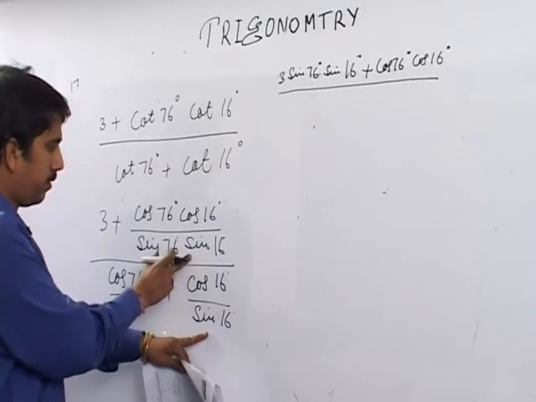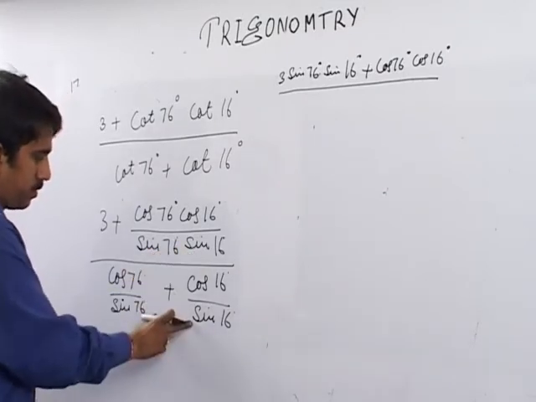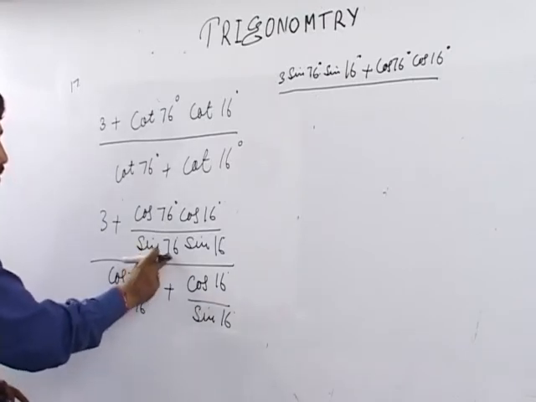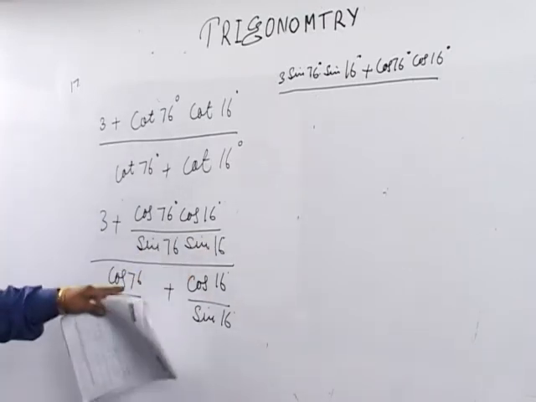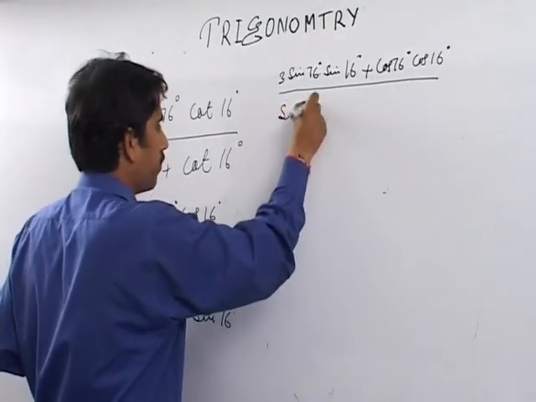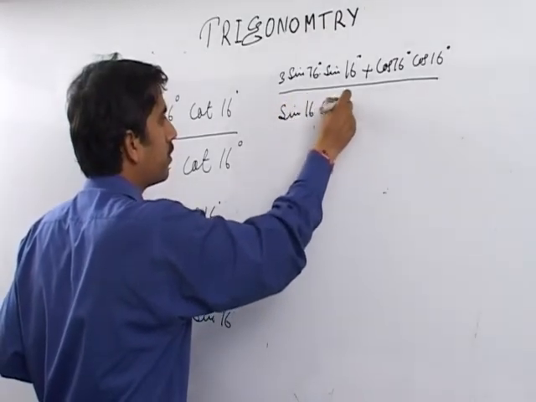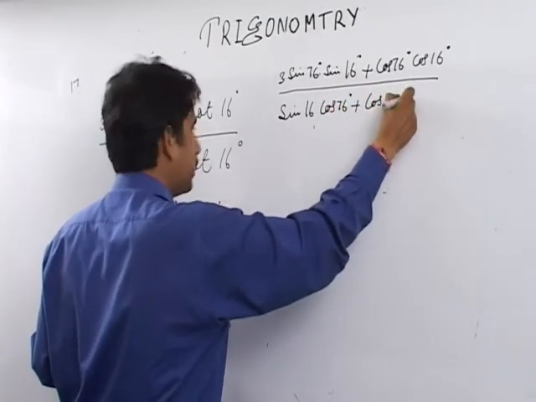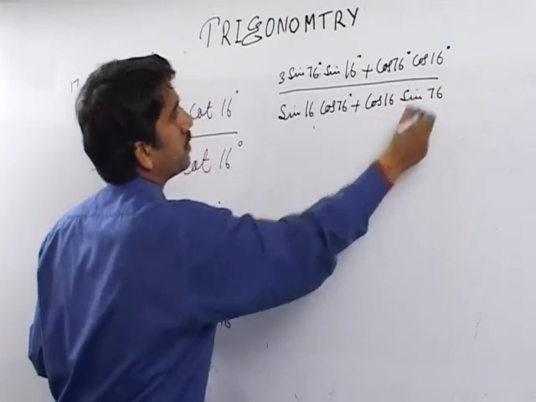When we take LCM of this and this, sin 76 and sin 16 will be cancelled out, and here you are left with sin 16 cos 76 plus cos 16 sin 76.